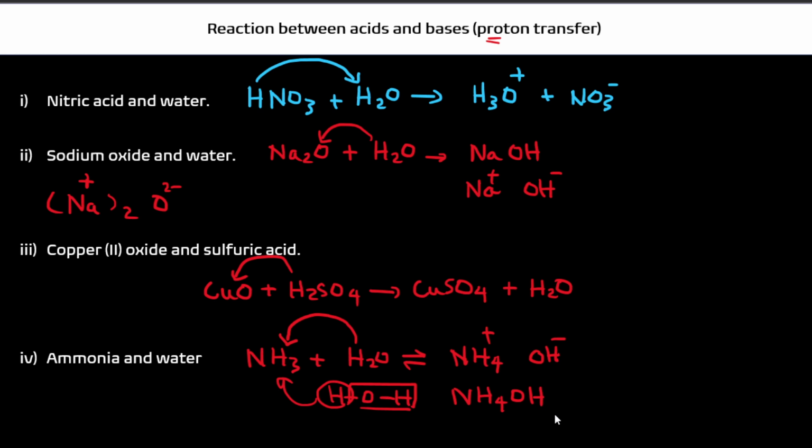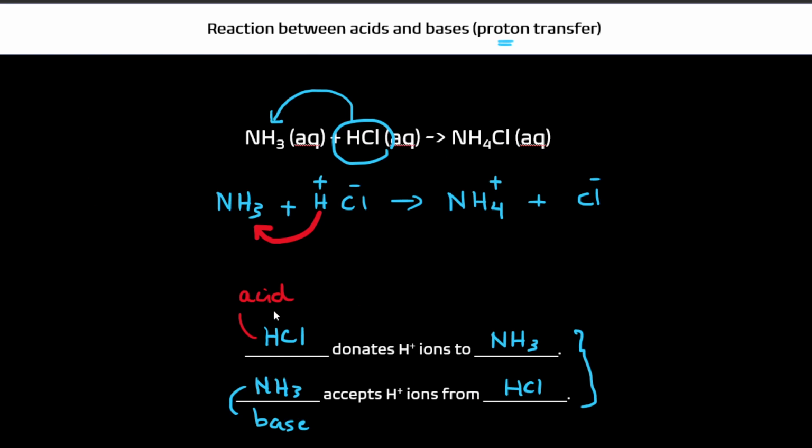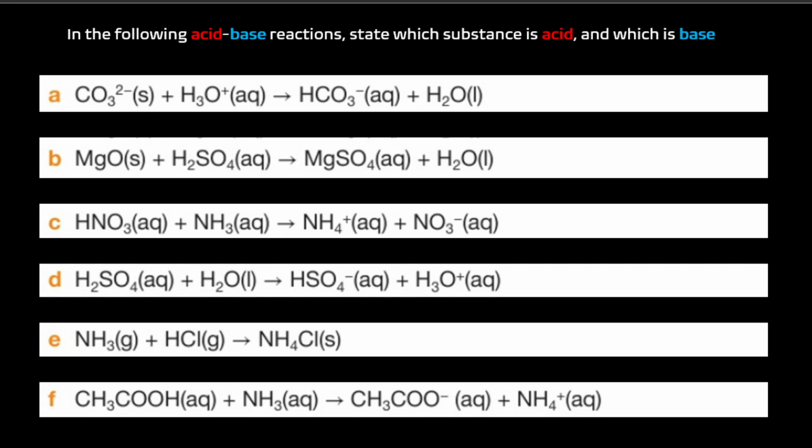But rather than writing down ionic equations for this, what you need to be able to do is to tell the examiners which one is the acid and which one is the base, and why. It is because an acid, the one that you think is acid, donates hydrogen ions or protons to your base. Now in the following acid-base reactions, let's try to find out which one is an acid and which one is a base.